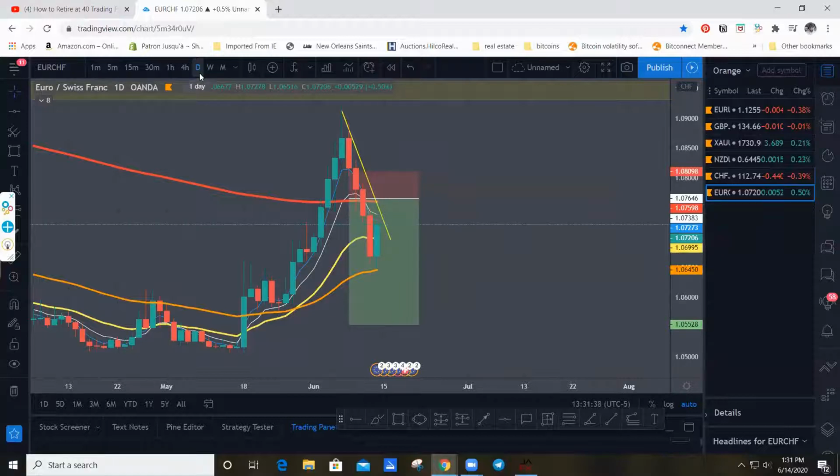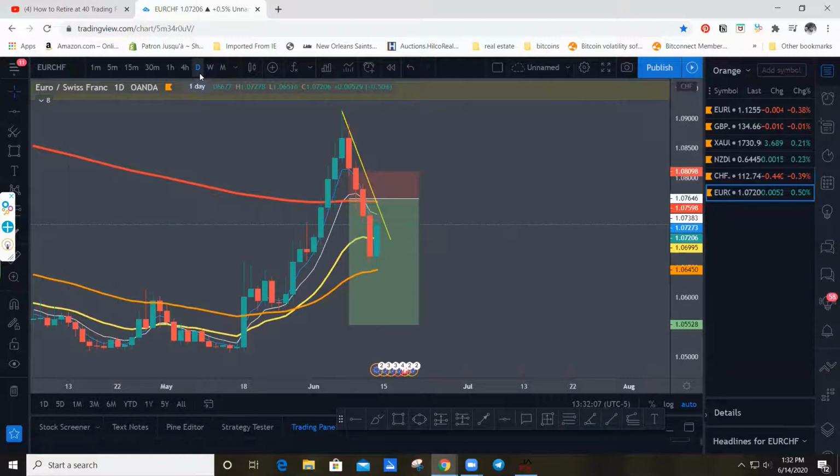And on the daily price, I could just see a small pullback. That candle came and touched that 50. Yeah, and that breaker. It came and touched that 4-day moving average and it rejected it.